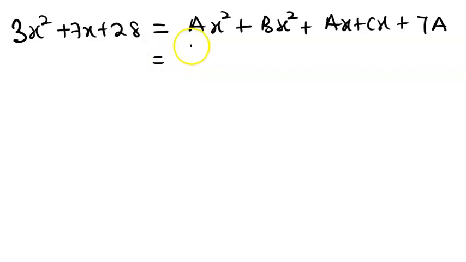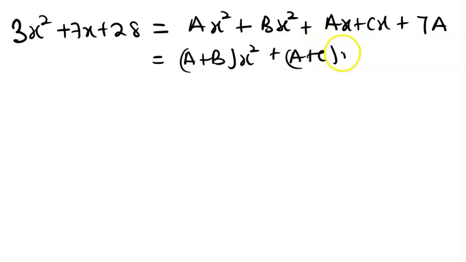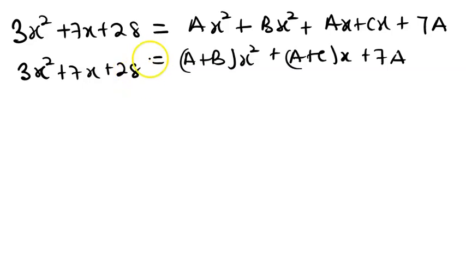This is the same as (A + B)x² + (A + C)x + 7A. The left-hand side is 3x² + 7x + 28. So what we are going to do is compare term by term.